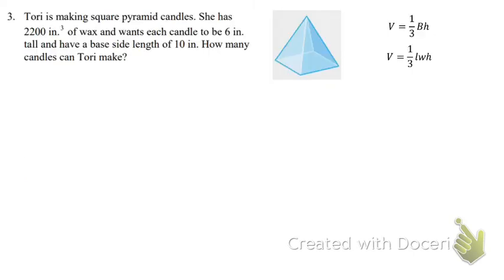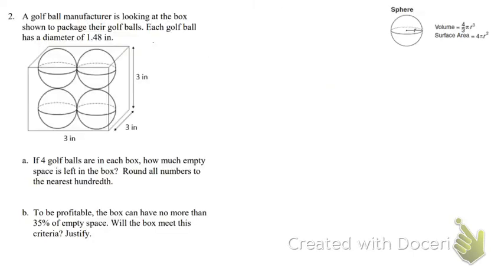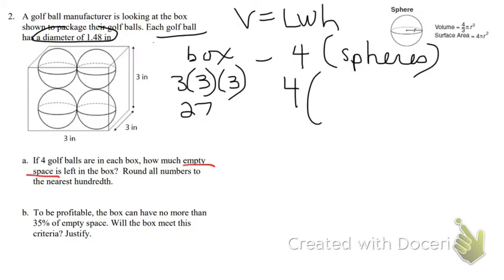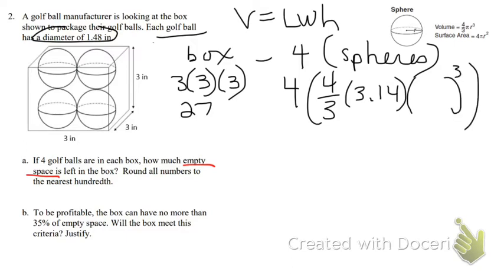Formula is 4/3 pi r cubed. 4/3 times pi times the radius cubed. Now they said the diameter is 1.48. So you have to divide that by 2 to get the radius. Be careful, read carefully. So the radius is 0.74.